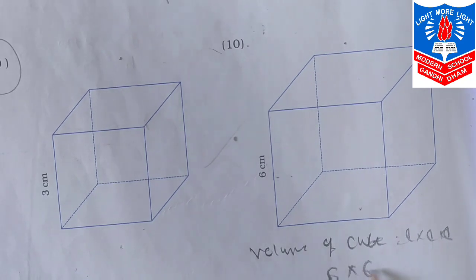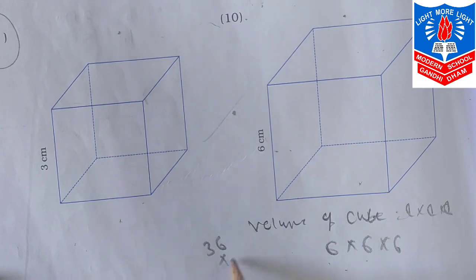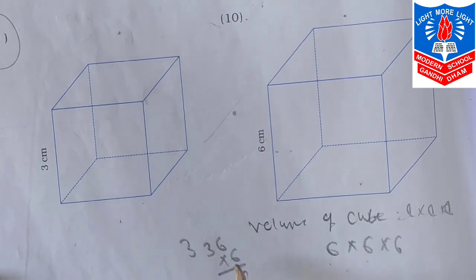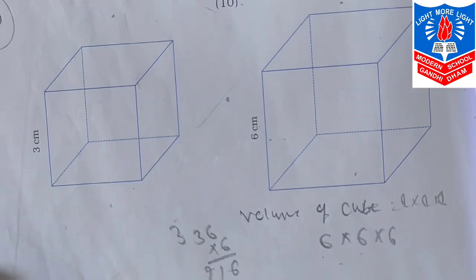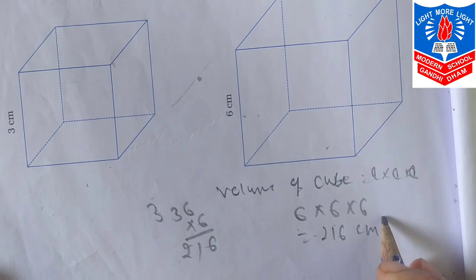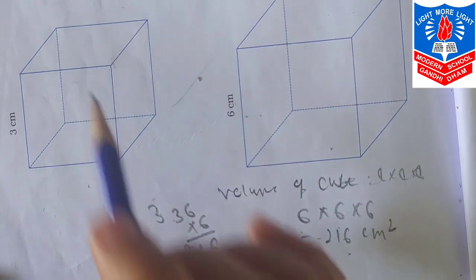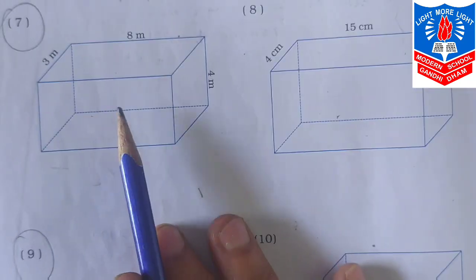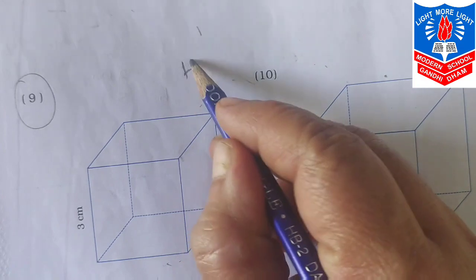So 6 into 6 into 6. 6 6s are 36. 36 6s are 216. So answer is 216 centimeter cube. Okay, so it is cube, and these three sums, it means 7th one, 8th one and 9th one, are for your homework.